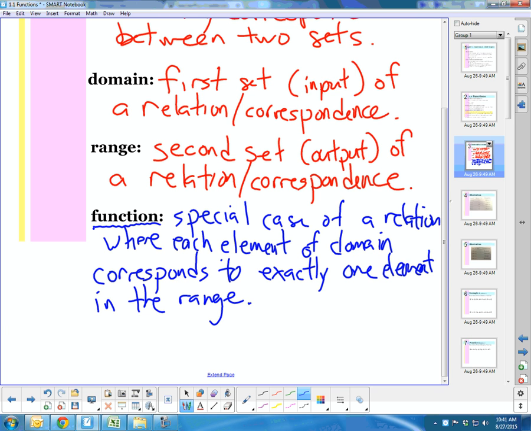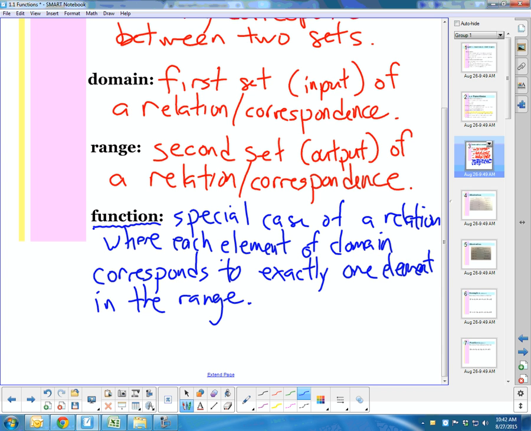If I take my phone number example from a moment ago, there might be multiple phone numbers at which you can be reached. Maybe we can reach you on your cell phone, and maybe your house still has a landline. That would be a relation, but not a function. Because your name, the domain element, can be matched up with or corresponds to two phone numbers.